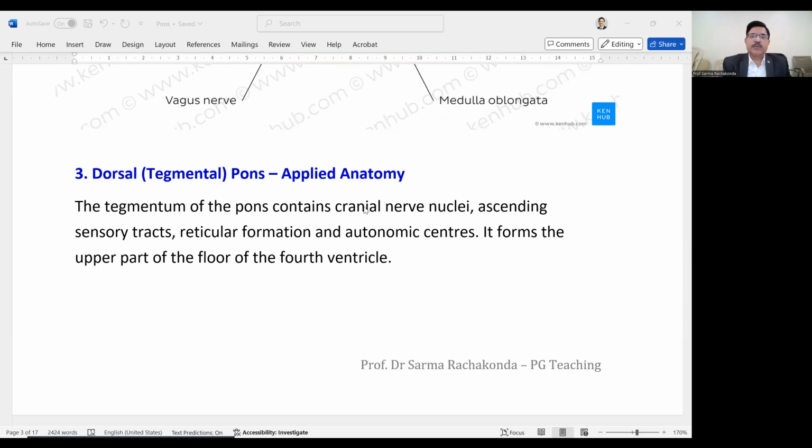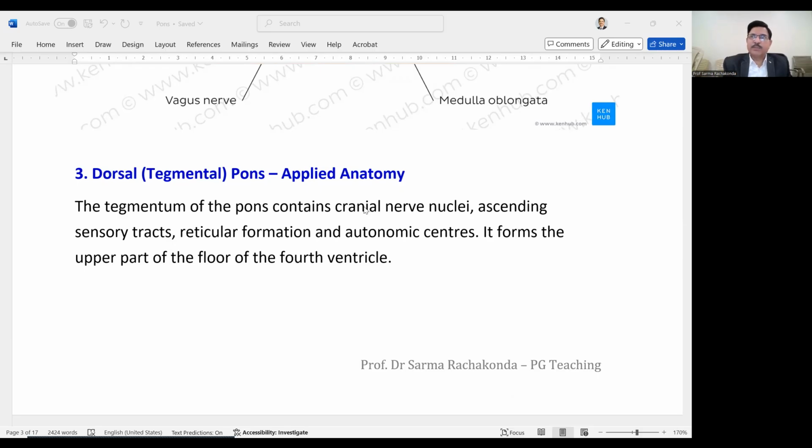The lower part of the floor of the fourth ventricle is formed by the medulla. The dorsal part of the medulla is the lower part of the fourth ventricle floor. The upper part of the floor of the fourth ventricle is by the Pons. So what are the structures now in the dorsal or tegmental part? All the ascending sensory tracts.